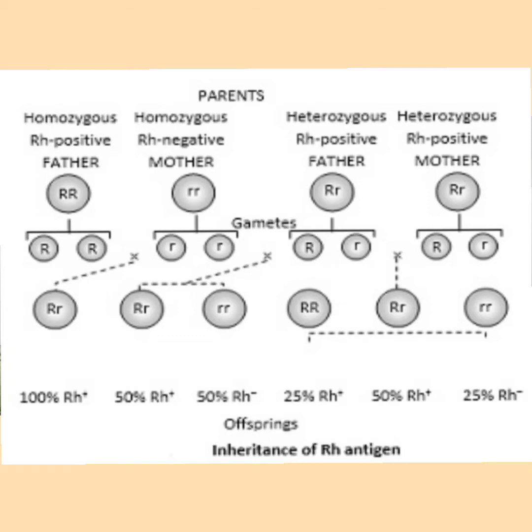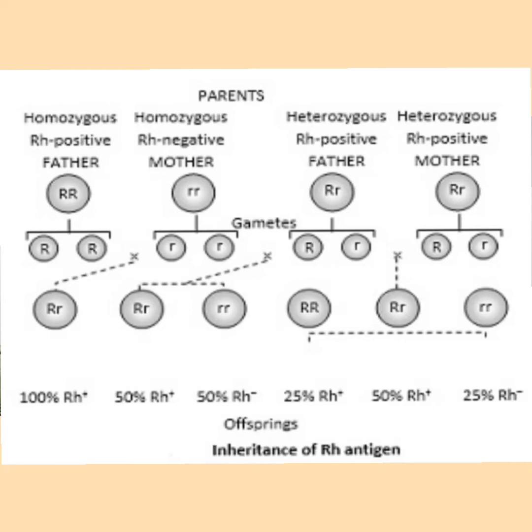When a heterozygous Rh positive father marries a heterozygous Rh positive mother, the father will produce sperms containing capital R and small r, whereas the mother will produce capital R and small r ovum. And the progeny that is formed is 25% Rh positive homozygous, 50% Rh positive heterozygous and 25% Rh negative.